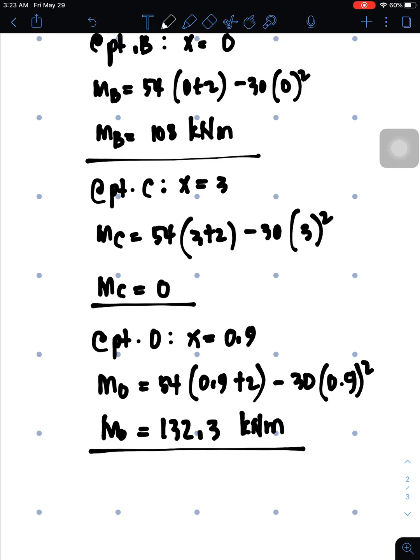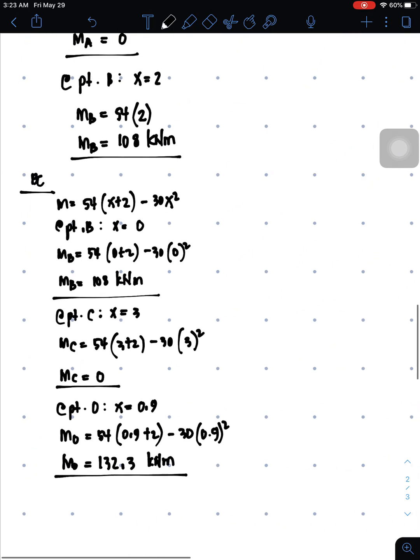So, mo ni siya ang reason nga nung gikuha ni nato, because at point O, or whenever the shear intersects at 0, then it means to say that it corresponds to a particular point in moment nga mo give og maximum value.